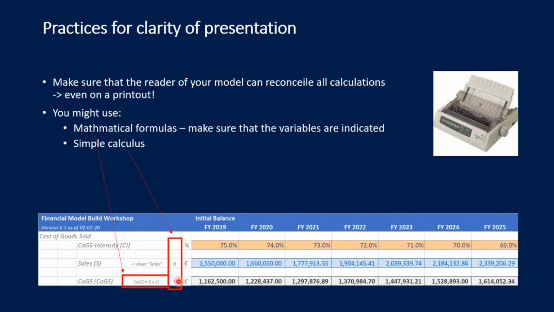Or you use simple calculus, this times this equals this. Of course, this can only be used in very, very simple situations. In more complex situations, the mathematical formulas will be more practicable.